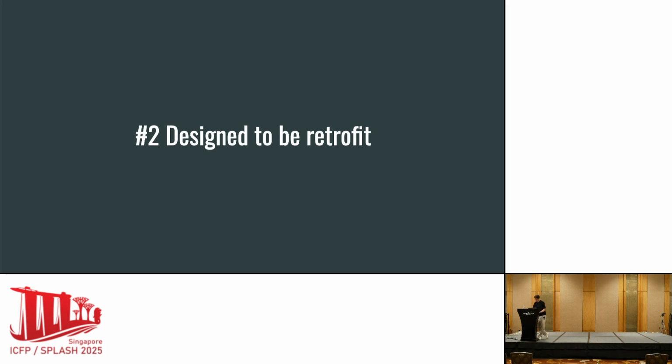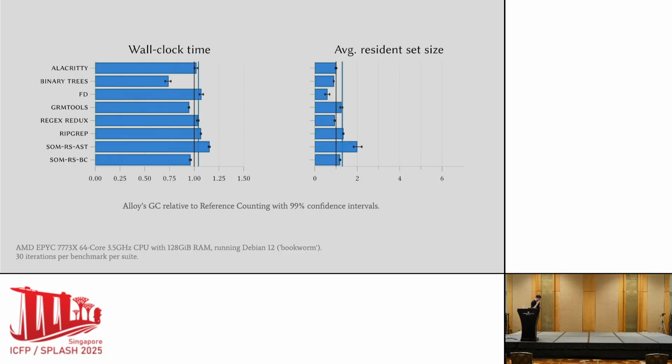So moving on from conservative collection, Alloy was designed to be retrofitted to existing programs, right? Conservative collection makes this a lot easier because it reduces the API surface that needs to change. But there's a couple of other things. So I mentioned earlier that we take existing drop methods and turn them into finalizers when we can. And by doing this, we were able to take some mature existing Rust programs and convert them to use GC.